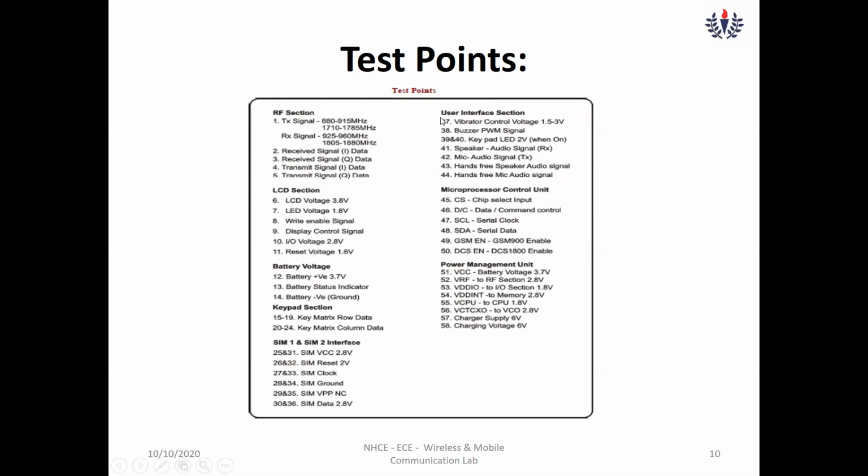So we will be measuring the signals, and we will be using our DSO and multimeter to read the values from the user interface unit, test points 37 to 44. And then finally, in your 11th experiment, we will be seeing your modes of operation. For that, we will be using your LCD display, battery voltage, and keypad section along with the user interface unit. So this is how we are going to do all our experiments 9, 10, and 11.